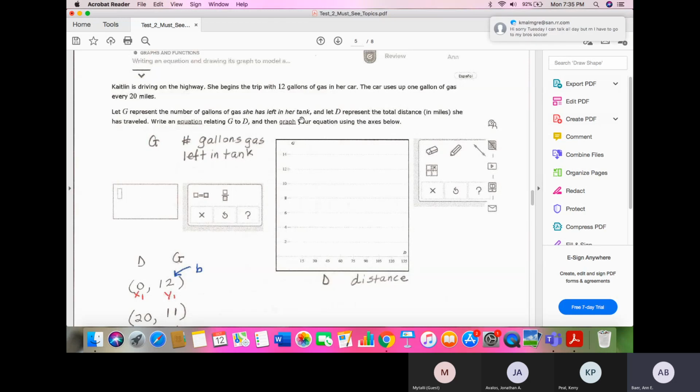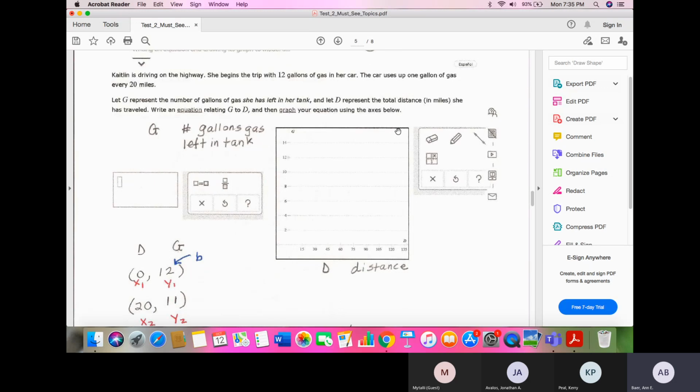Has left in her tank is very important. It's not how much she has used, it's how much she has left in her tank. And let D represent the total distance in miles she has traveled. Write an equation relating G to D and then graph your equation using the axes below.